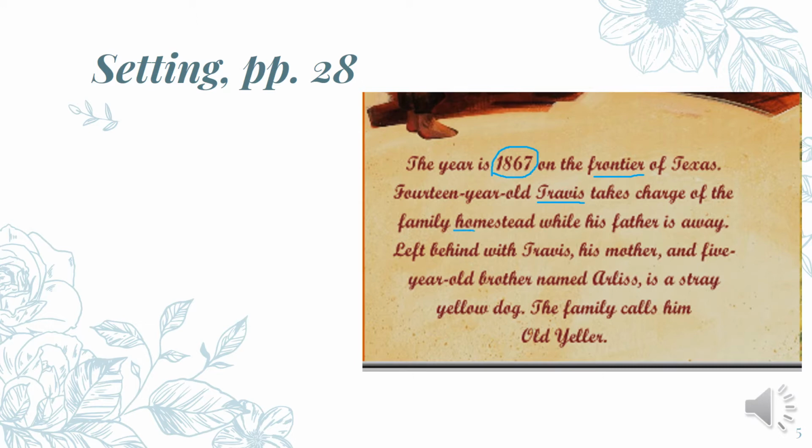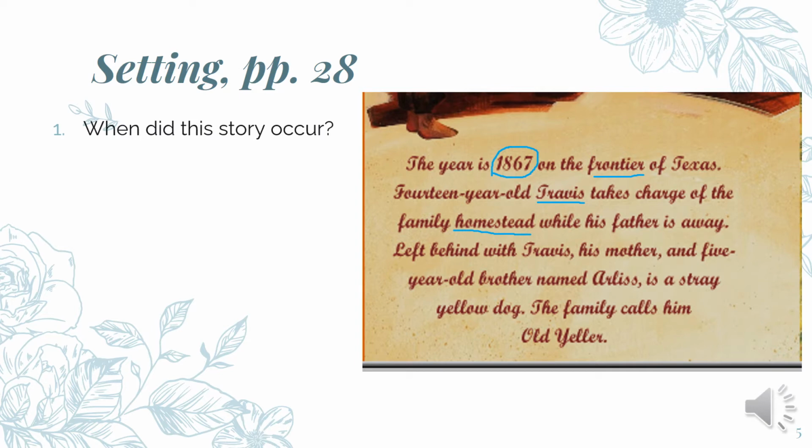So what is the homestead? The homestead is an area of land that was given. This is a historical term, an area of land that was given to people in the West, in the United States, while his father is away.